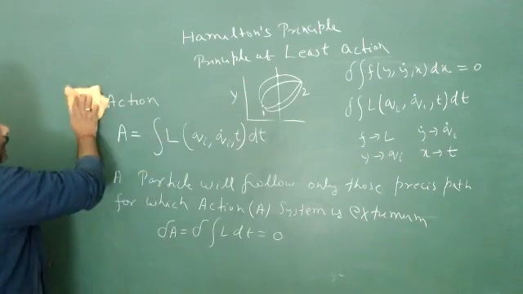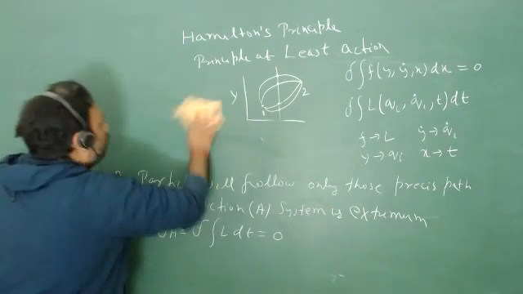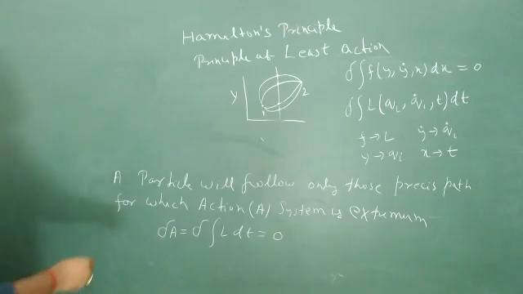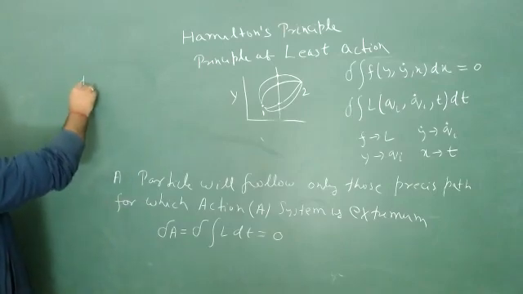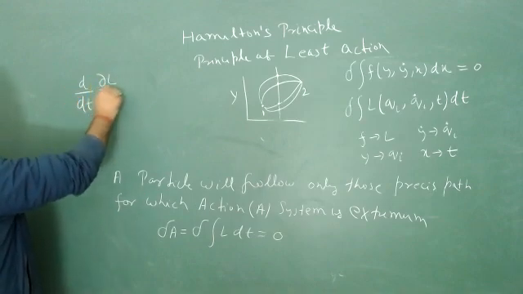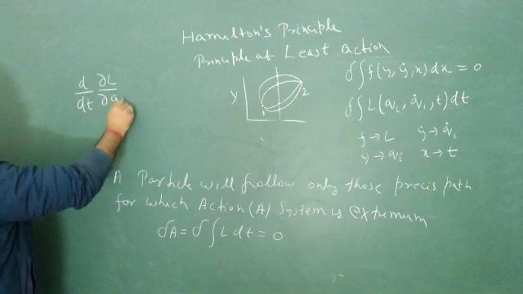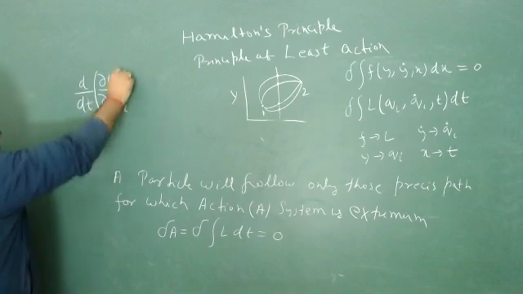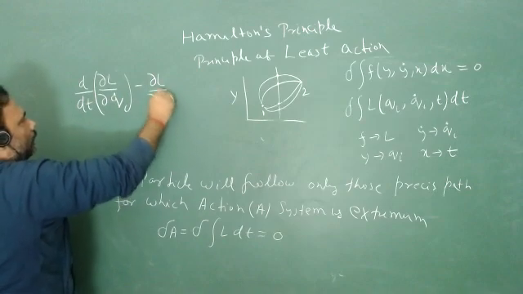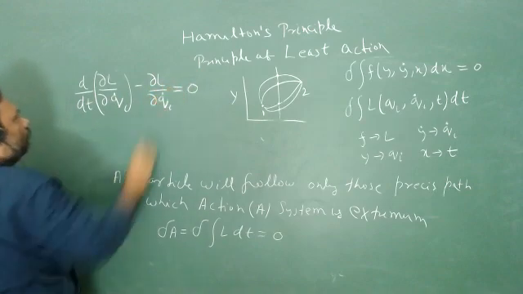So let us try to write the Euler-Lagrange equation for this particular L. The Euler-Lagrange equation for this particular L is d/dt of ∂L/∂q_i dot minus ∂L/∂q_i is equal to 0.